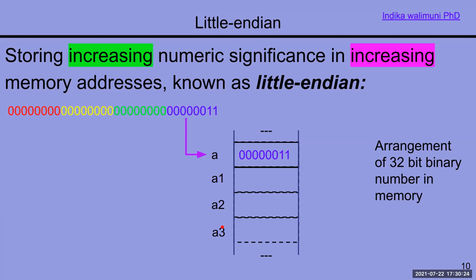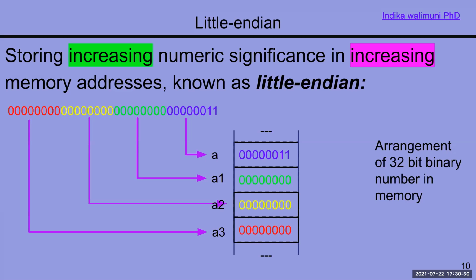This is known as little endian byte order. Usually little endian is the most common CPU byte order these days. Likewise, we continue.